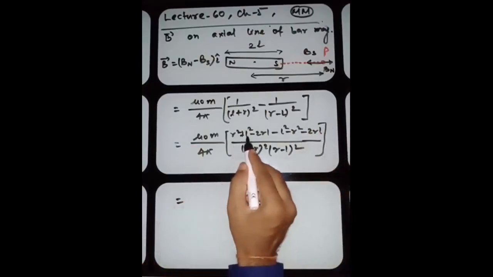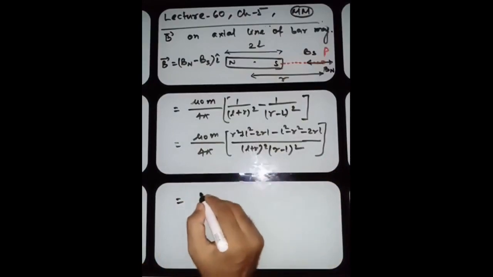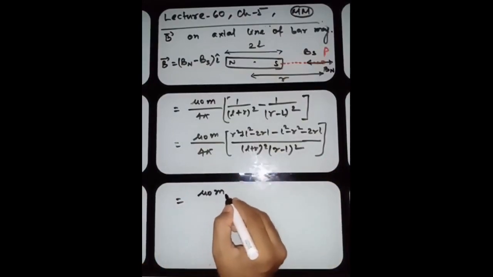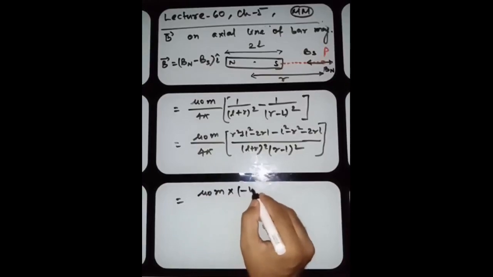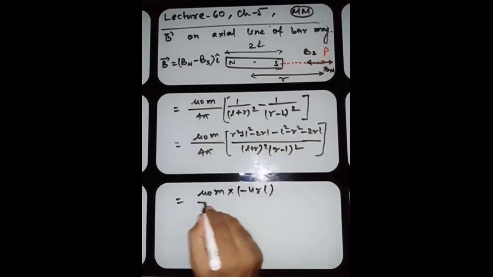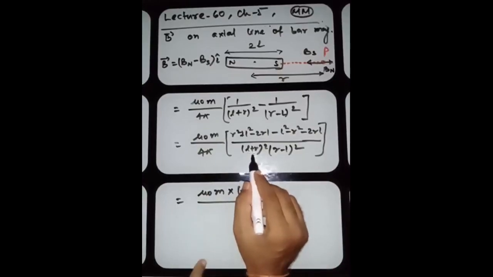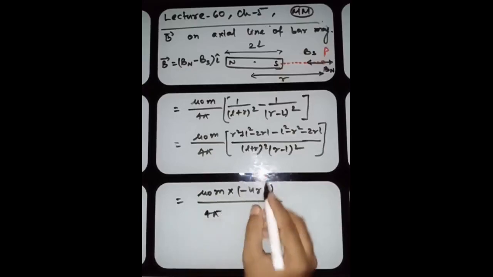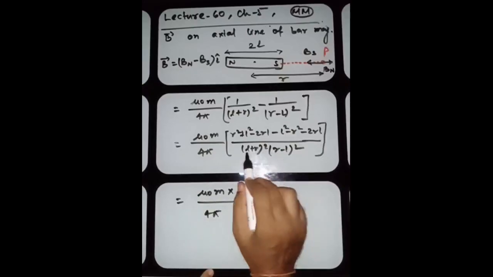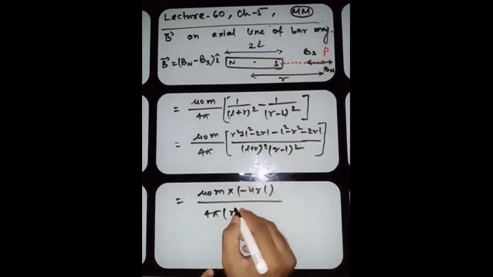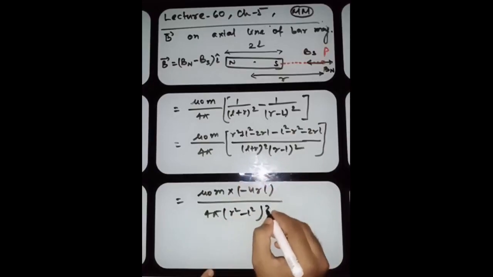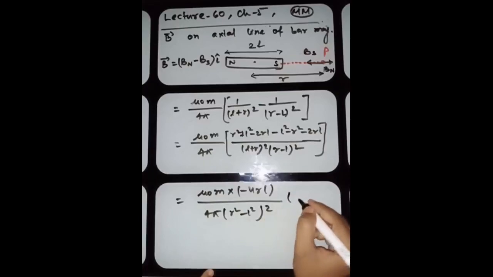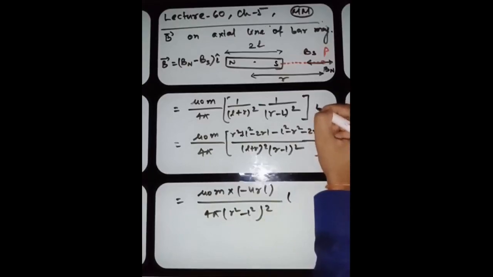Something will cancel out, r square and L square, leaving 4rL. We will have m times minus 4rL divided by 4 pi and (r square minus L square) whole square. The direction we are getting here is i cap.